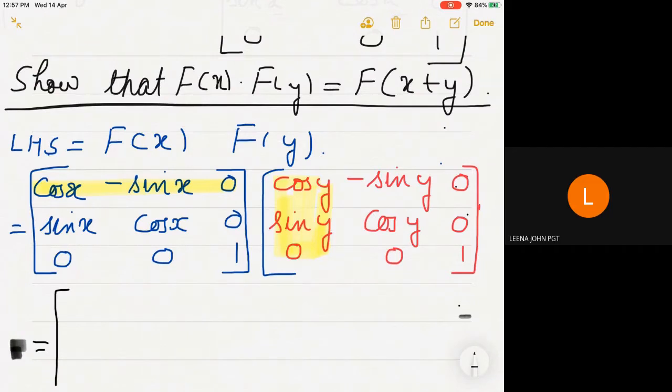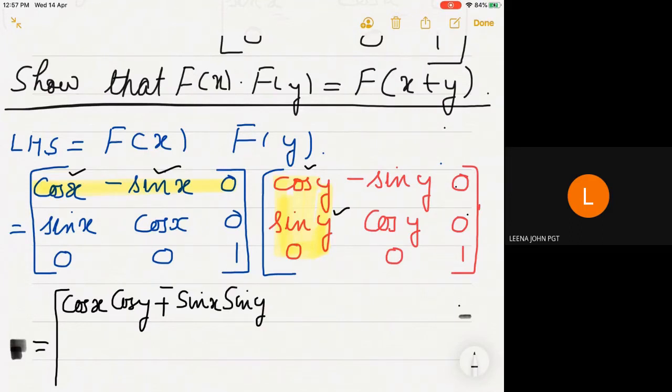The corresponding elements you have to multiply, that is cos x into cos y. We can write cos x cos y plus minus sin x into sin y. So you can write it as minus sin x sin y plus 0 into 0. So plus 0 I am not writing.